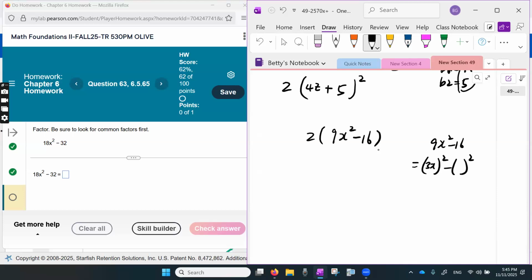It is a square of 3x and a square of 4, right? Yeah, 9 is 3 squared. So base 1 is 3x, base 2 is 4. So 2 is the GCF. The binomial inside the parentheses can be factored as base 1 plus base 2 times base 1 minus base 2.